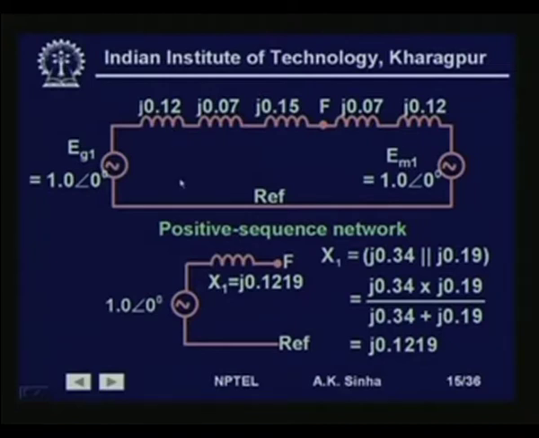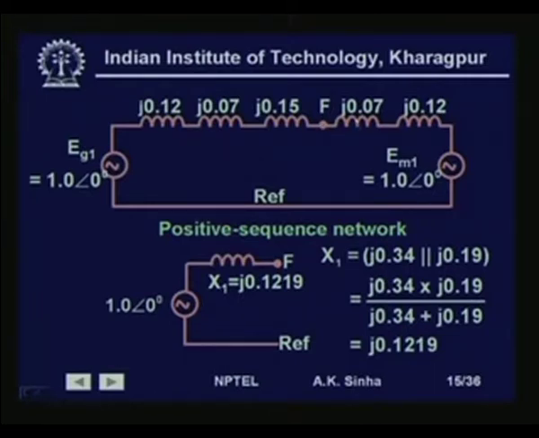The reactance of the generator is 12%, so j0.12. The reactance of the transformer is 7%, that is j0.07. The transmission line positive sequence reactance is given as 15%, that is j0.15. The fault has occurred at the bus which connects the transmission line and the transformer on the motor side.